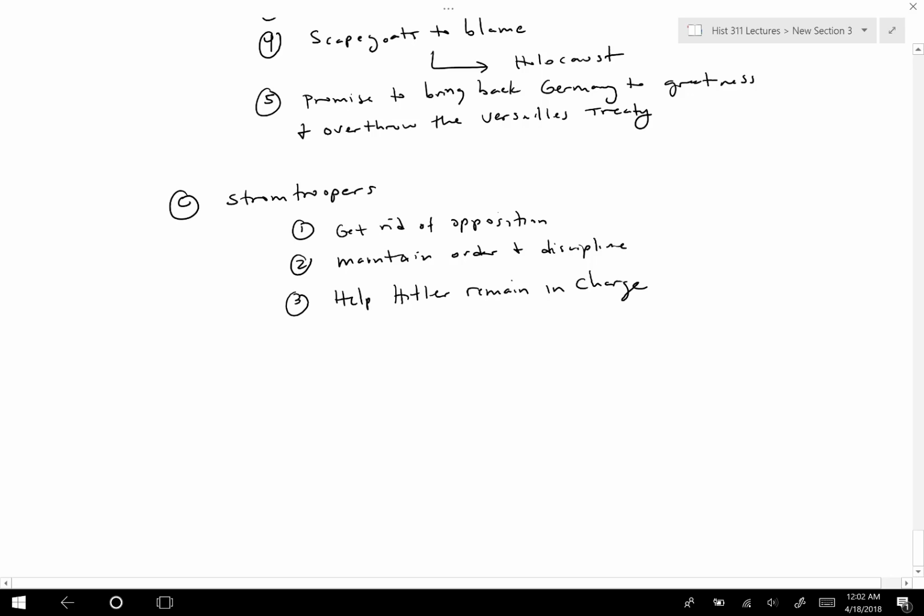Now, the problem is that some of the more conservative groups that had helped make Hitler chancellor were concerned, and there was some dissent in the SA, which is the stormtroopers. And so what ends up happening is on June 30th of 1934, you had what was called the Night of Long Knives.